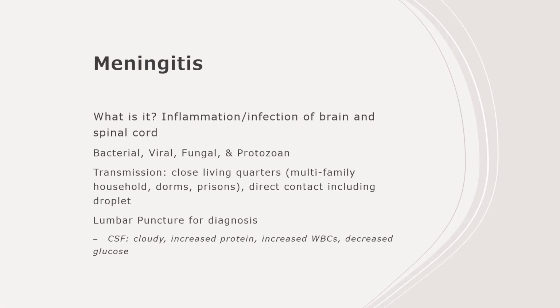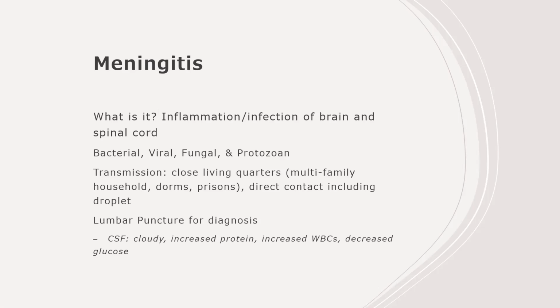Now, typically we use a lumbar puncture to diagnose meningitis. A sample of CSF fluid is found. Now, you should know this, not only from the neurological module, but from your nursing career, that cerebral spinal fluid, or CSF, should be clear.